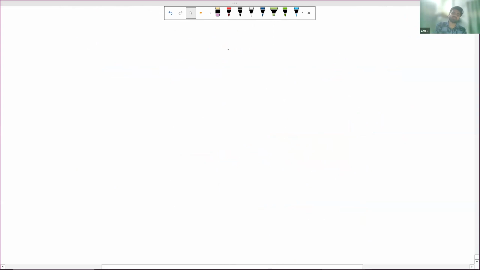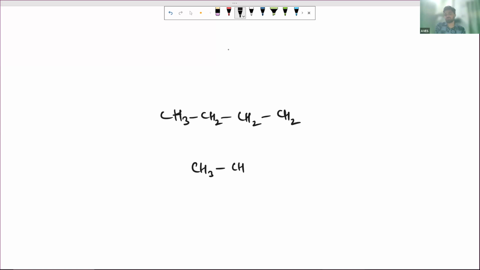Let me explain what primary butyl is. Primary butyl is this simple: CH3, CH2, CH2, CH2. This is primary butyl, 4 carbon. Secondary butyl is CH3, CH2, CH2, and then we have CH, where this carbon is attached with one more carbon.